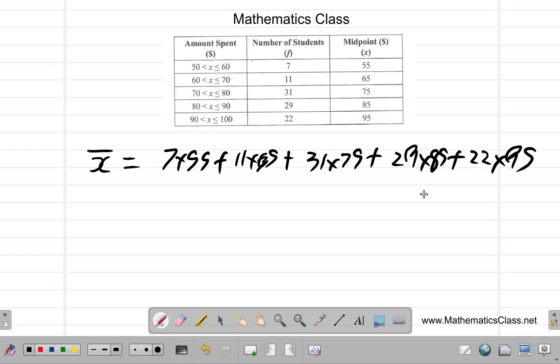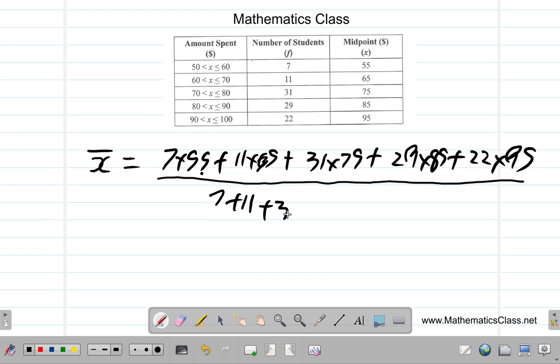Alright? That's going to give you the total of all the values divided by the total of the frequency. They already tell you it's 100. But anyway, we'll have a little fun and add up the numbers. So 7 plus 11 plus 31 plus 29 plus 22.